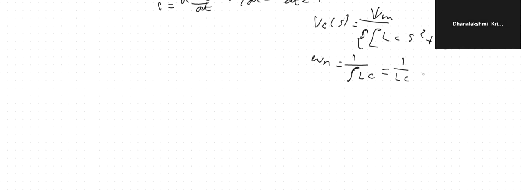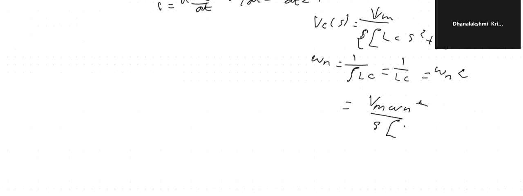Omega n is equal to 1 by root of LC, so 1 by LC is equal to omega n squared. Taking LC common, Vm omega n squared by s into s squared plus 1 by LC, and 1 by LC is equal to omega n squared.